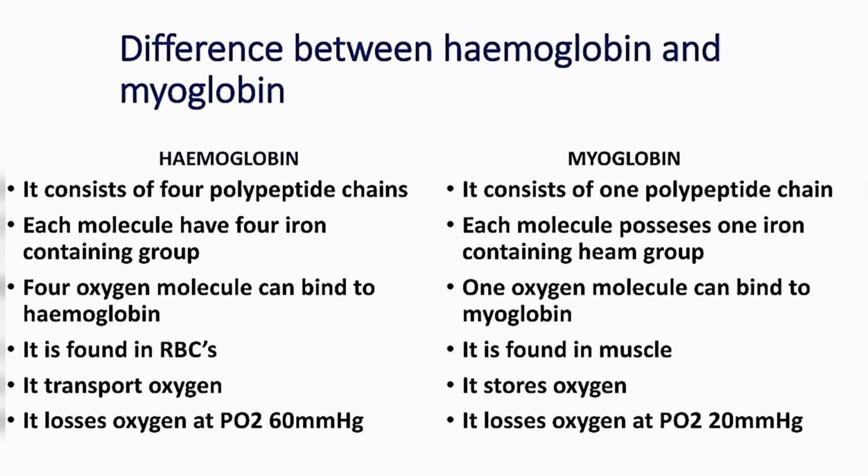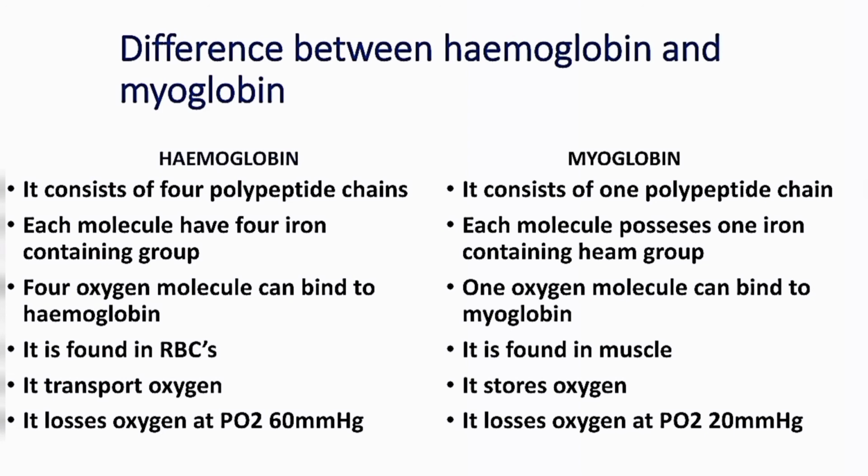The last point is related to the second last point. Hemoglobin transports oxygen, so it loses oxygen when the partial pressure of oxygen is 60 mmHg, which is not too low. But the myoglobin stores oxygen, so it loses oxygen only when the partial pressure of oxygen becomes very low, at 20 mmHg.